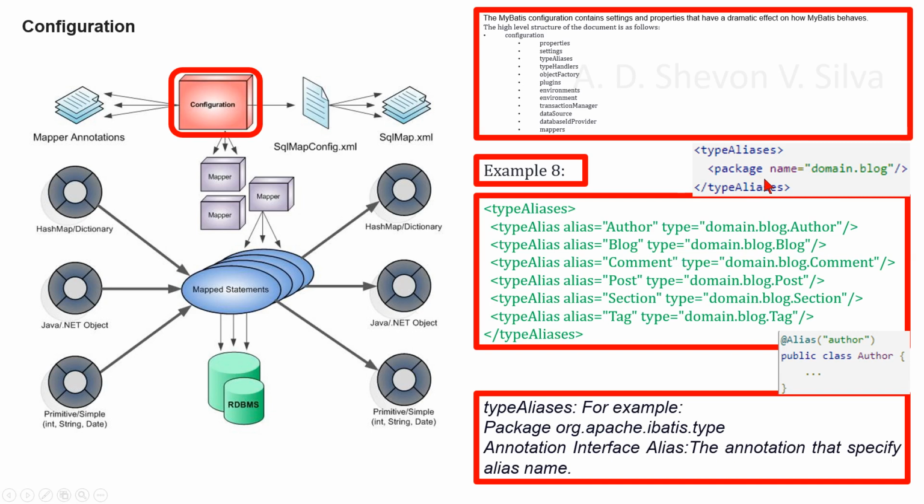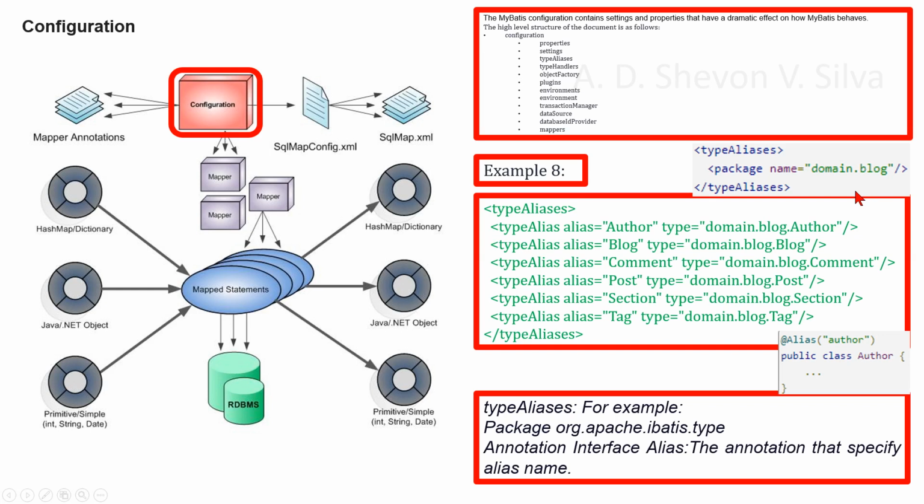You can also specify a package where MyBatis will search for beans. For example, here each bean found in domain.blog, if no annotation is found, will be registered as an alias using the uncapitalized non-qualified class name of the bean.